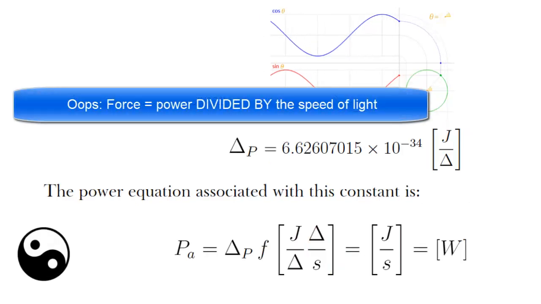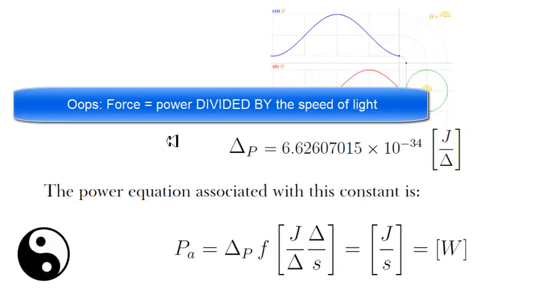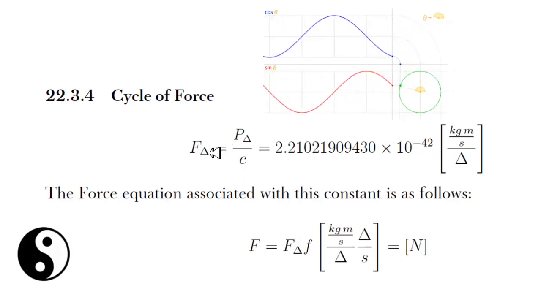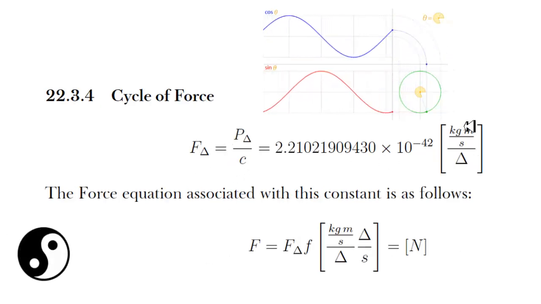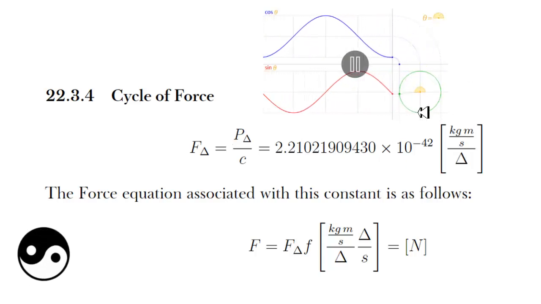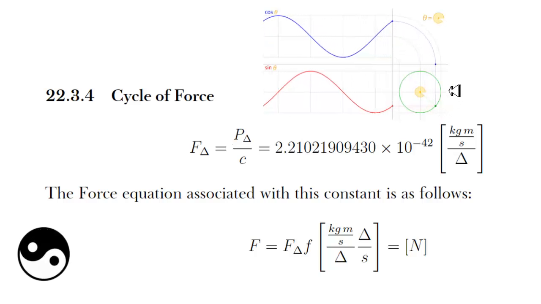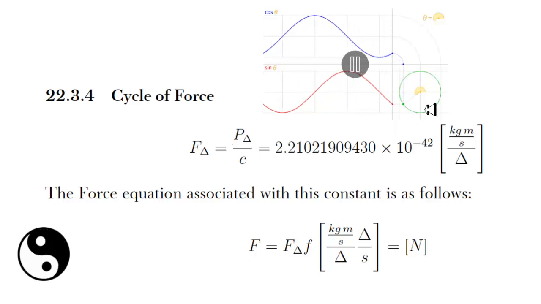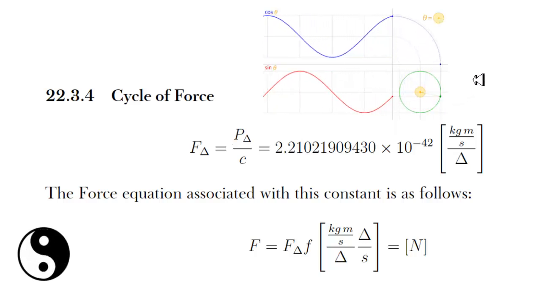We've got a power constant and a power equation, and a force constant and a force equation. The force constant is on a per cycle basis. So this is the force contribution of one turn of the oscillation of one photon, which is one oscillation.